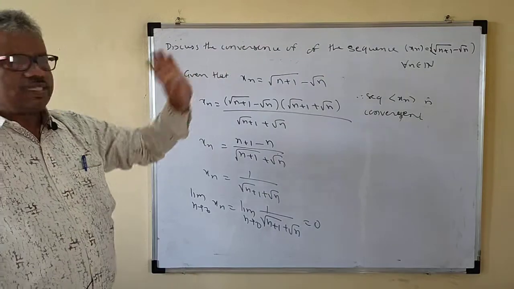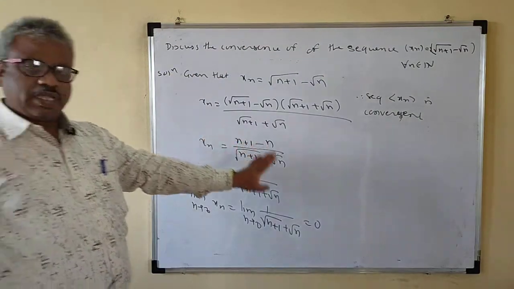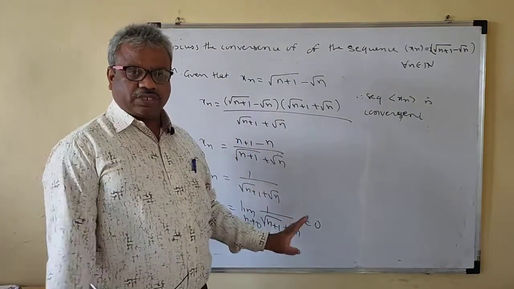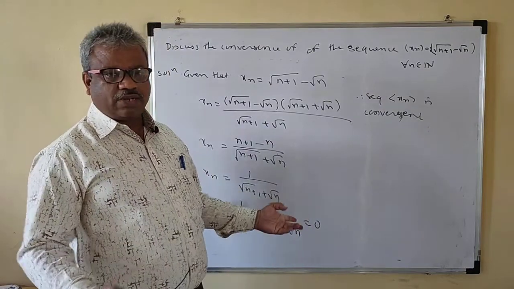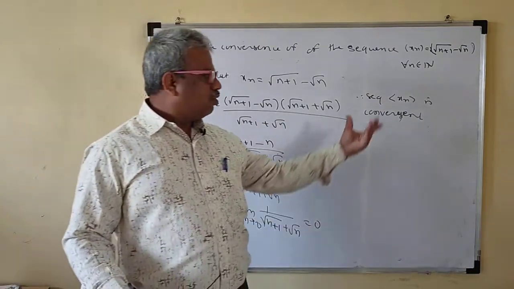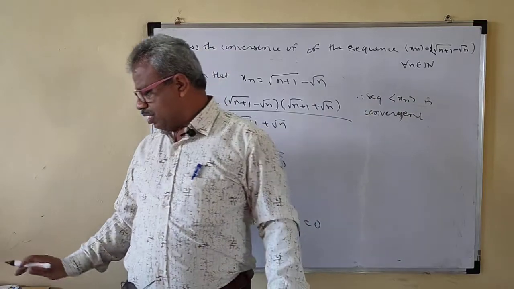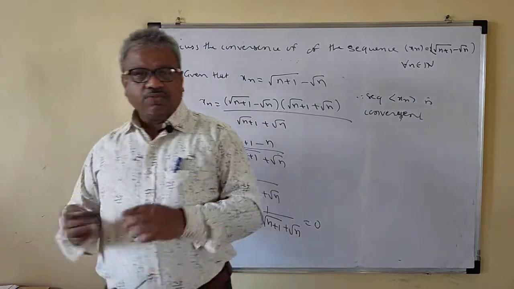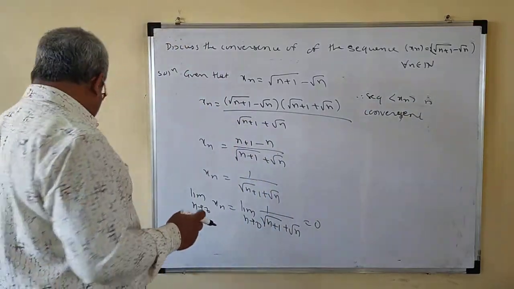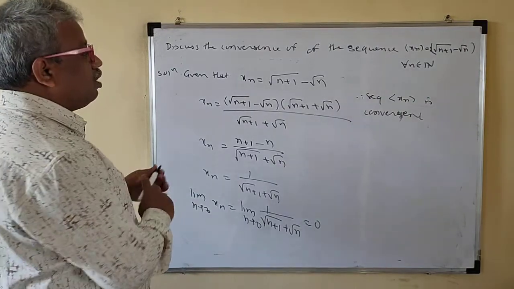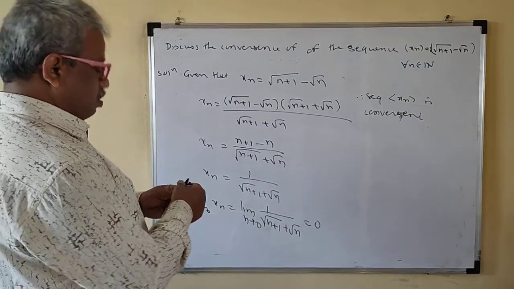If the question only asks to discuss the convergence, whether the sequence is convergent or divergent, it is enough to write that the sequence is convergent. If you want, you can also write that it converges to 0.